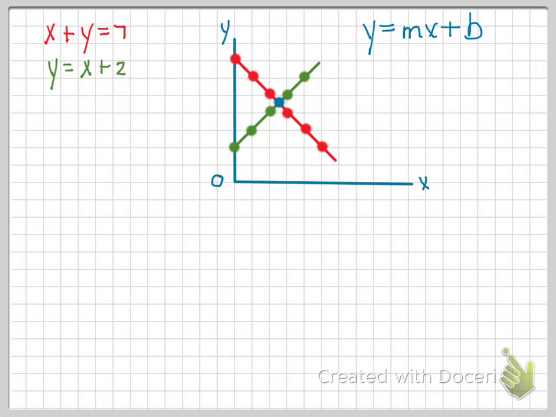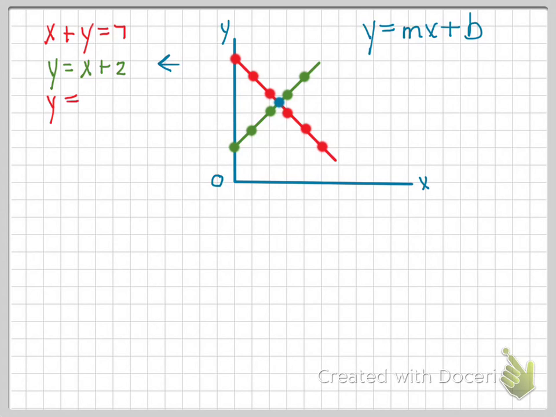The second equation here is already in that form. The first one we need to tweak just a little bit to get it into that form. So let's go down and put it in the form we need.